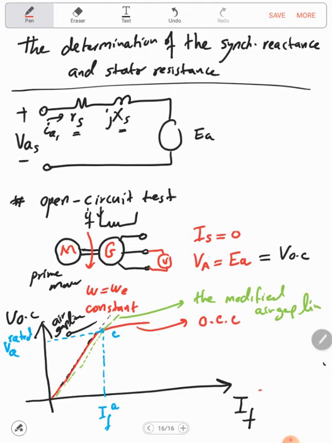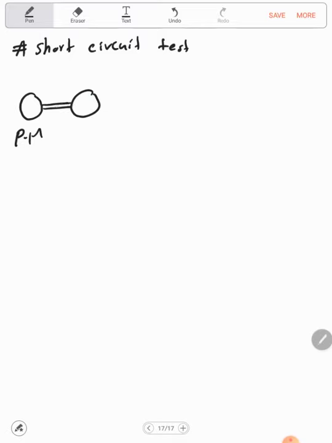So the second test we need to do is the short circuit test. Now in the short circuit test, we have the same configuration. We have the prime mover connected to the shaft of the synchronous machine, and this one is rotating at omega equal to omega s, which is constant.